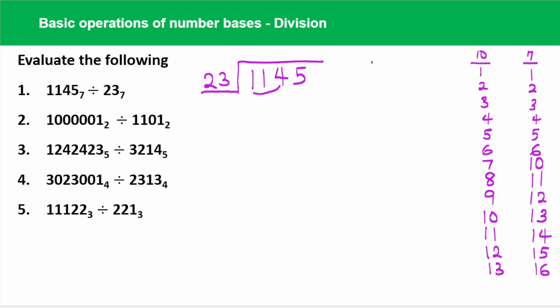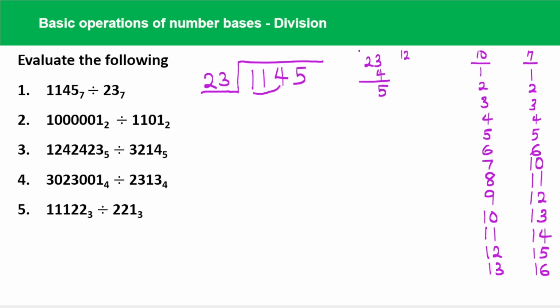So let's check. If we check 4 times, that's 23 times 4. 4 times 3 is 12. Remember that we cannot write 12 as a whole digit because 12 is not part of base 7, so we come and look for what 12 is. So in base 7, 12 is 1 5. That will be 5.